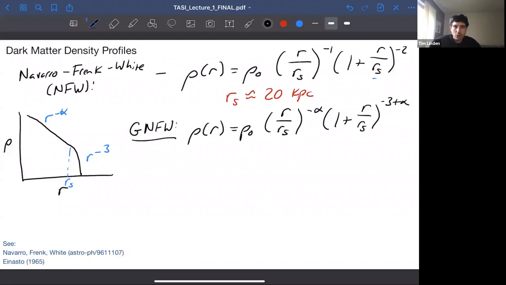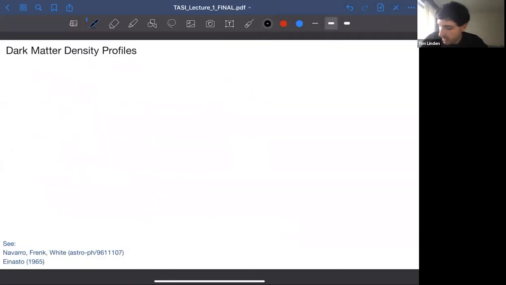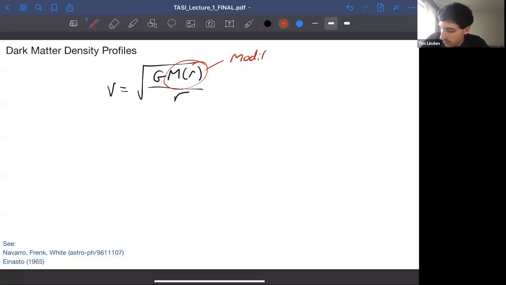And so what they do, if we had V, let's see here. I can just add another slide here. If V equals the square root of G M of R over R, what I did was I took this term and I modified it with dark matter.